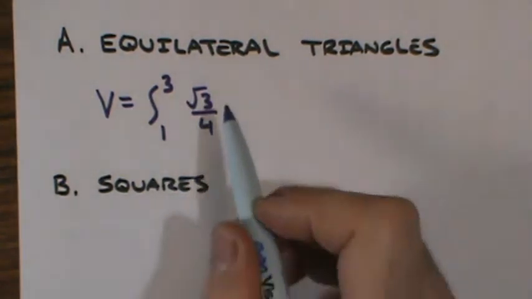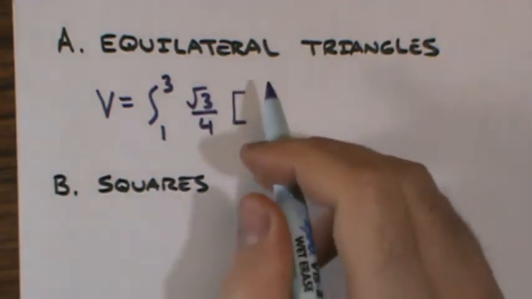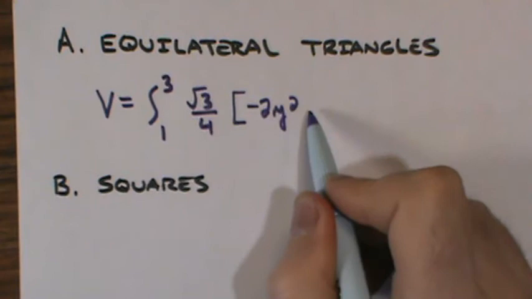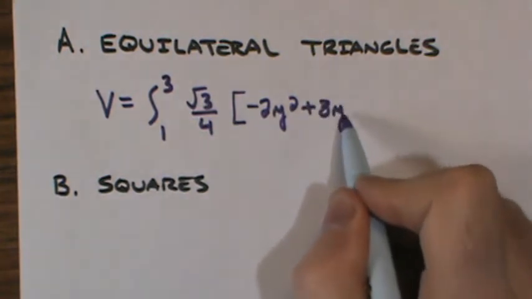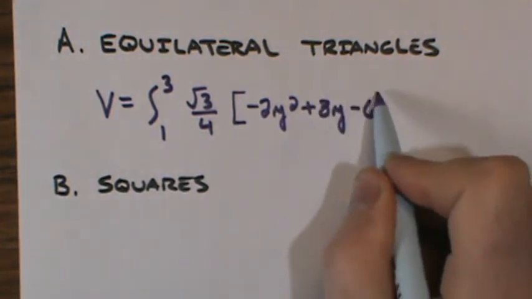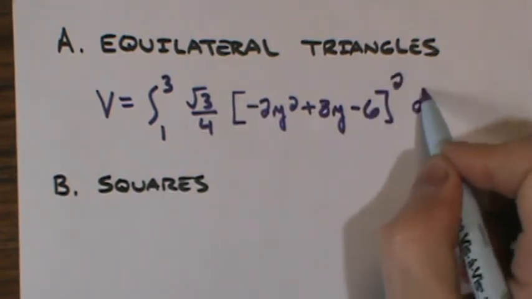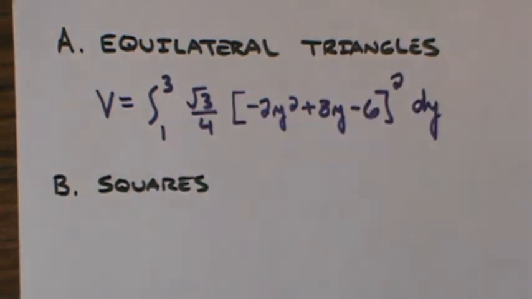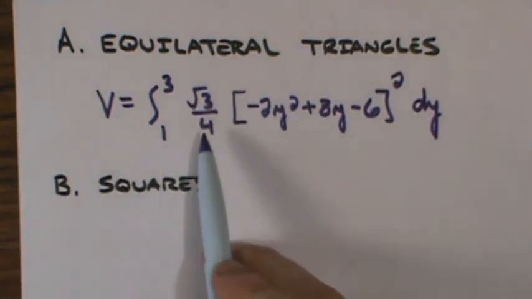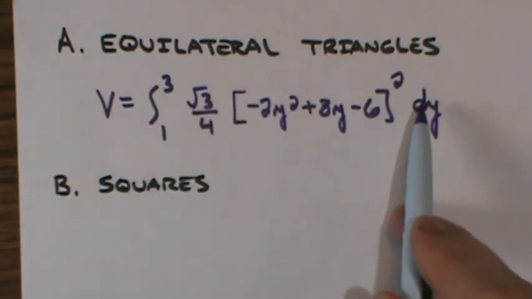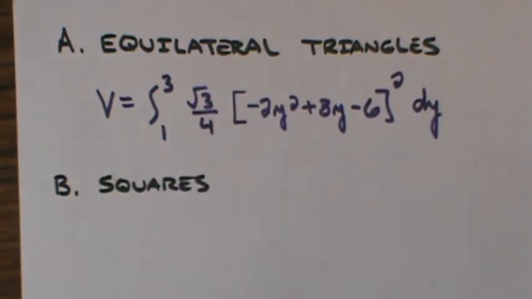Well, my base, I just established that to be negative 2y squared plus 8y minus 6. That needs to be squared, dy. So this is part of the formula, from 1 to 2 dimensions to 3 dimensions, which would give me my volume.